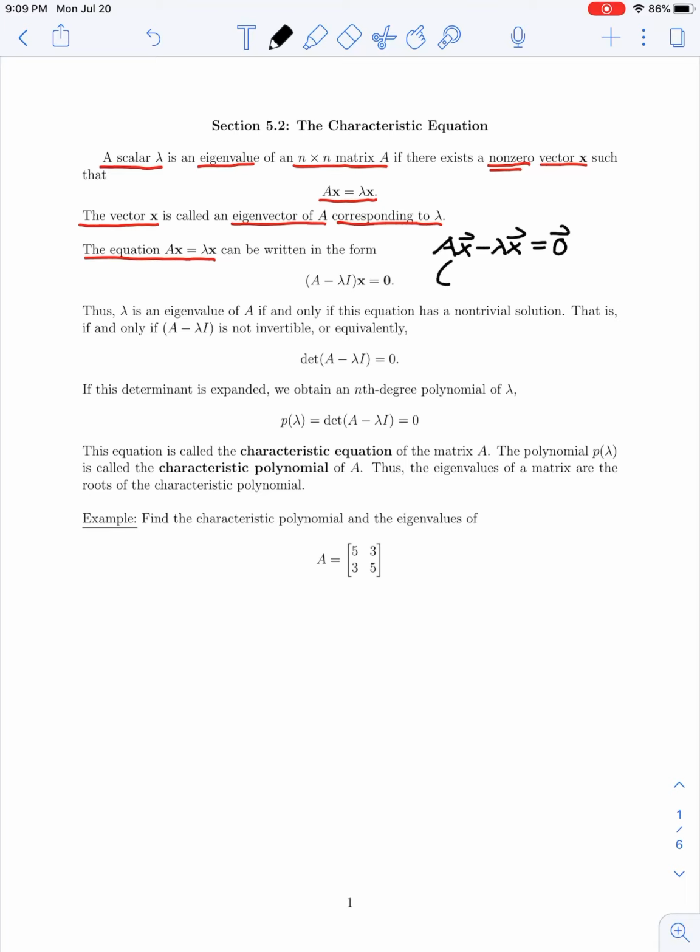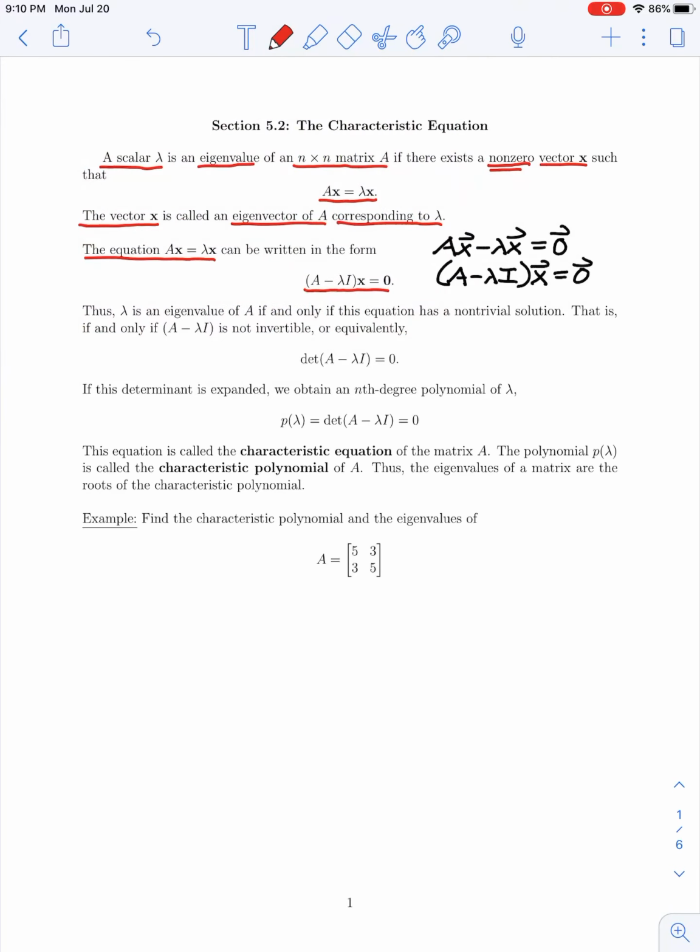Factoring out an x, we have A minus lambda, which we have to multiply by the identity matrix so that we can subtract this quantity from the matrix A, all times the vector x is equal to 0. That is the equation which we have here.